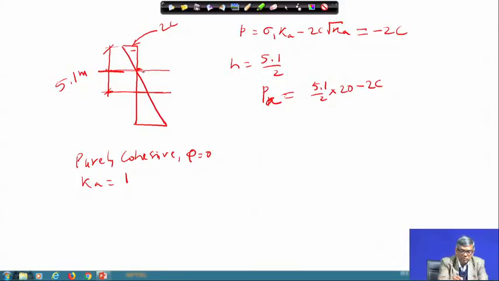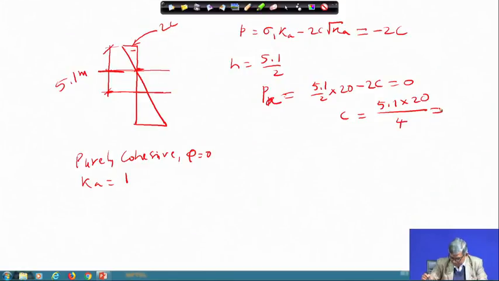So, in the middle of this, actually, pressure is 0. So, this pressure must be equal to 0. So, if you set this equal to 0, then from here we can get C equal to 5.1 into 20 divided by 2 into 2. So, this gives you a value equal to 25.5 kilonewton per meter square.